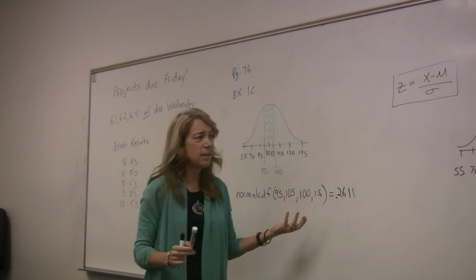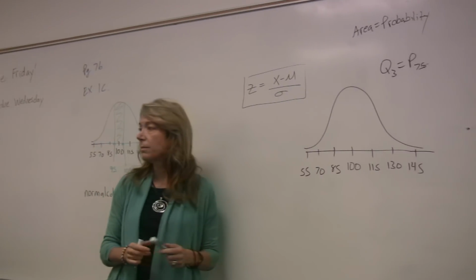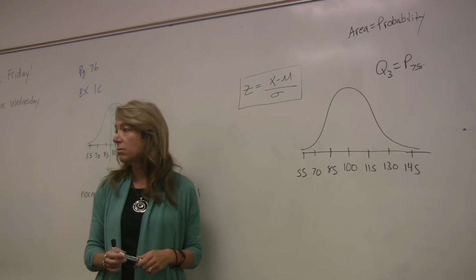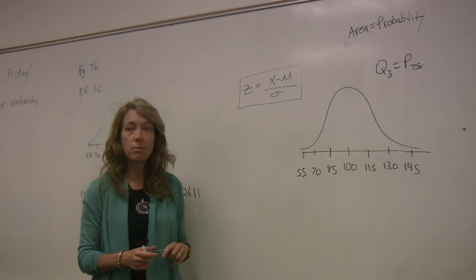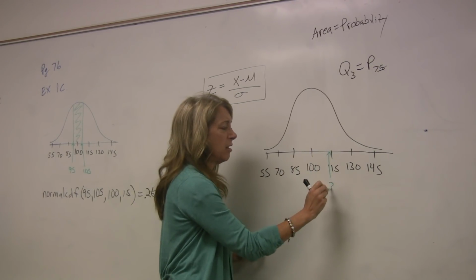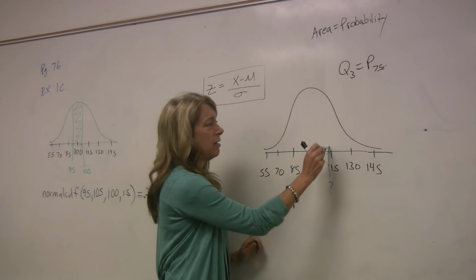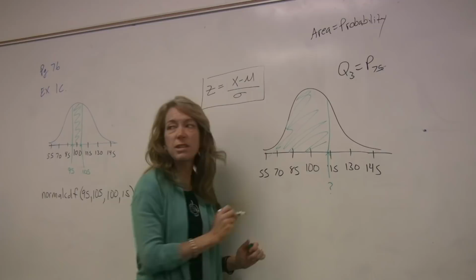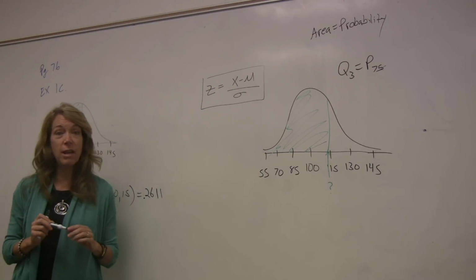Roughly, where would you guess? You have to guess. Do inverse norm. We have to do inverse norm, you're right. But maybe like over here. Roughly right here. I don't know exactly what the answer is, but we want 75% of the area, 3/4 of the area to the left.